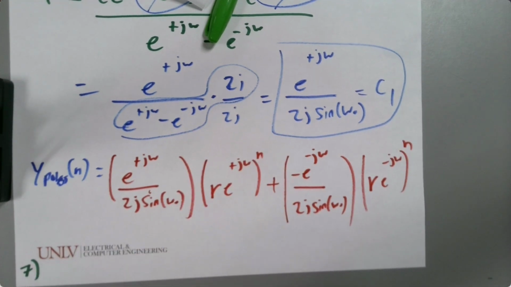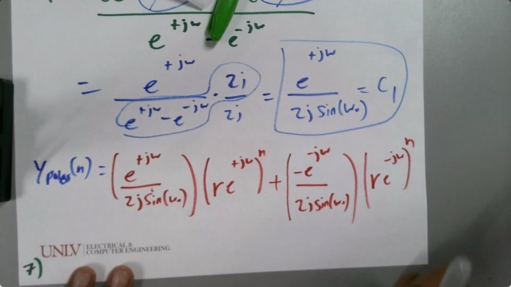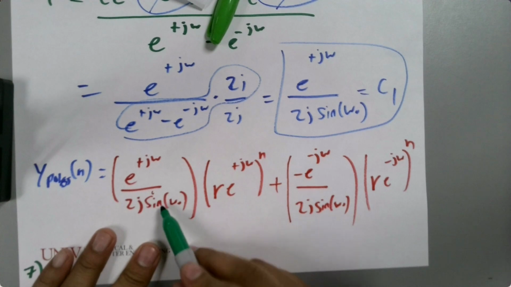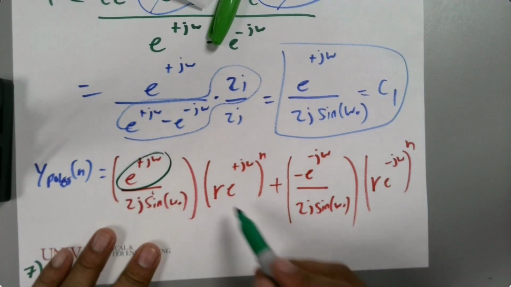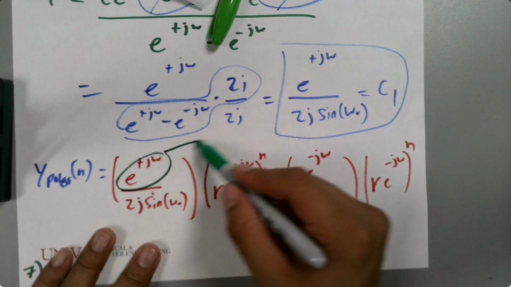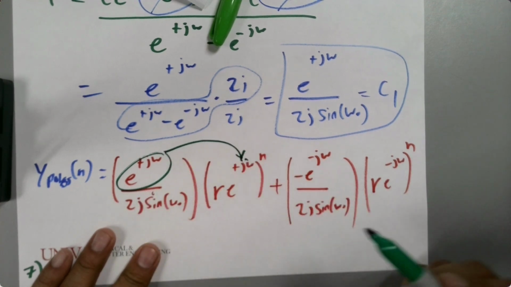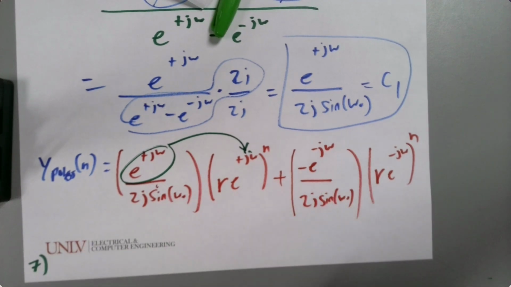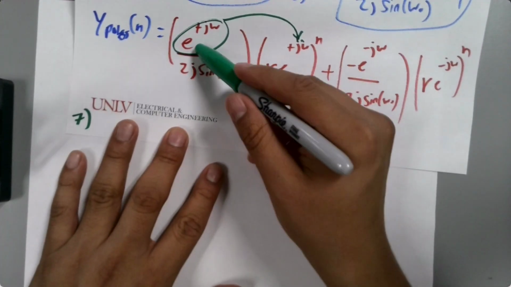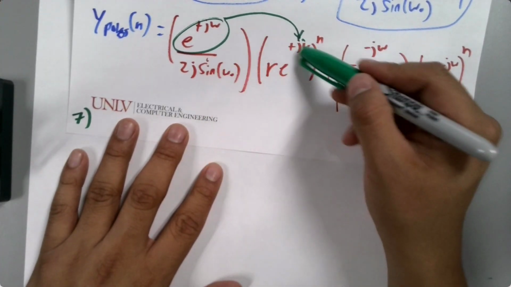And then if you see a pattern, let's see. What I'm going to tell you right now is you see this j omega right there? We're going to multiply this into here. So what I'm going to try and show you on another piece of paper is we're going to multiply this e to the j omega to here.